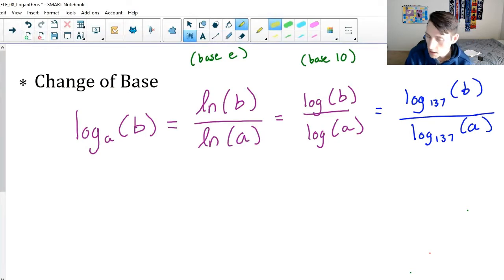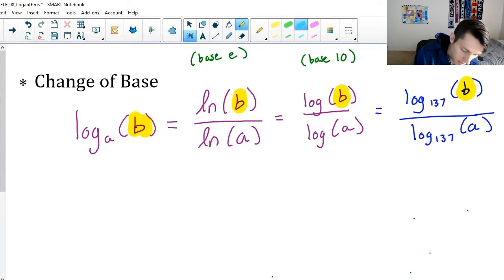It doesn't matter which logarithm we choose, but how do we know what to put on the top, on the inside? That just comes from whatever was originally inside the logarithm. And the original base, base a, is the number that goes inside the logarithm in the denominator.